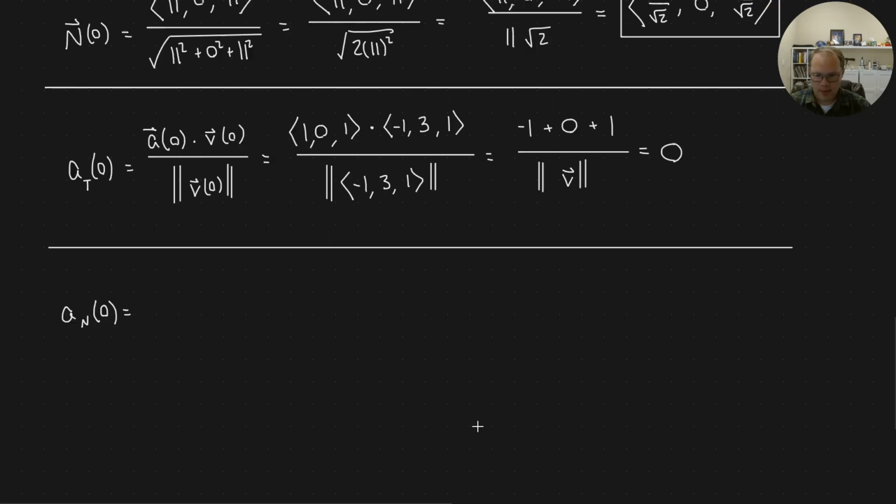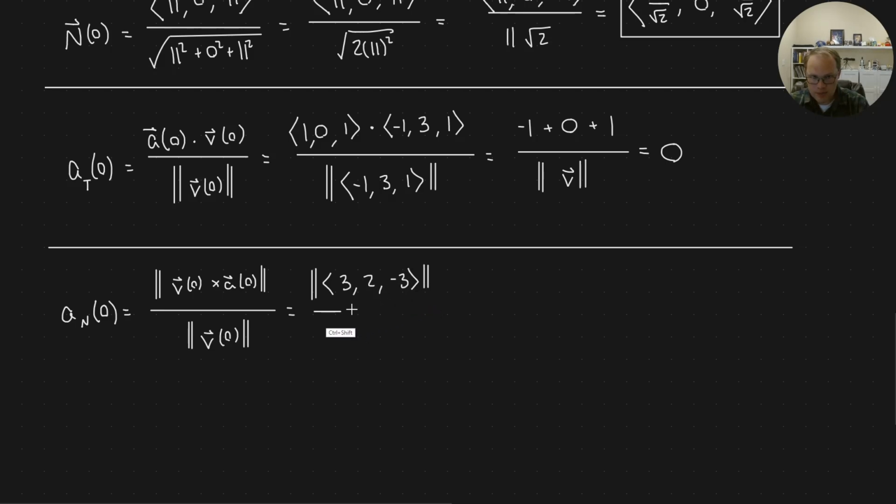Okay? So the normal component of acceleration is the norm of the velocity cross the acceleration, divided by the norm of the velocity. So this was 3, 2, negative 3. And down here, it was negative 1, 3, 1.